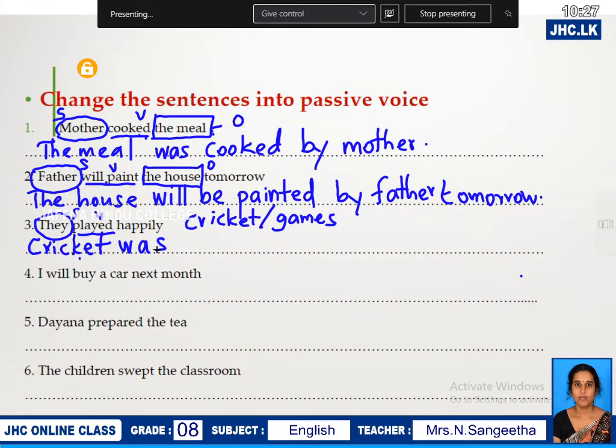If you put games as the object, games plural, so the be verb should be were. சரியா? அப்போ நீங்கள் போடுற object-க்கு ஏற்ற மாதிரி be verb-ஐ decide பண்ணிக்கொள்ளுங்க.